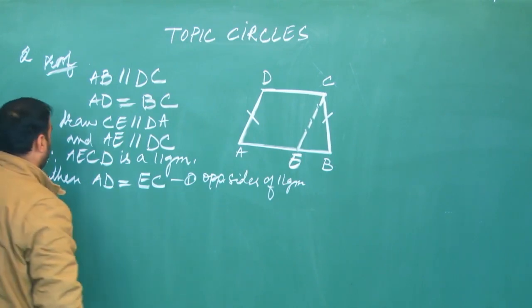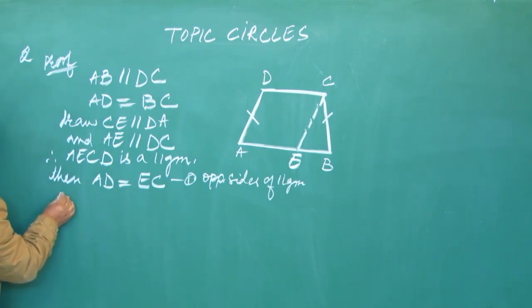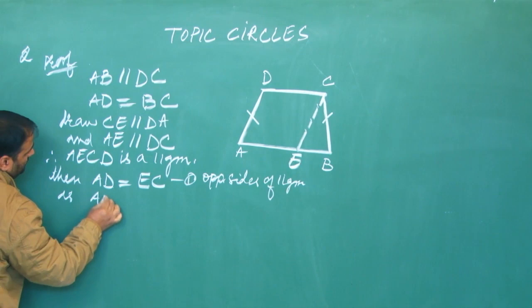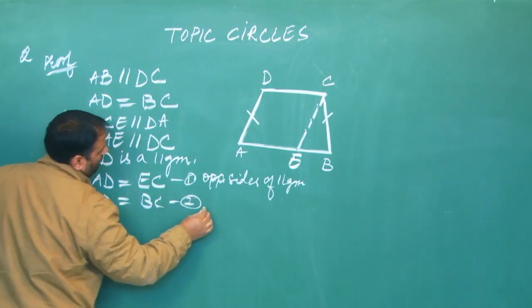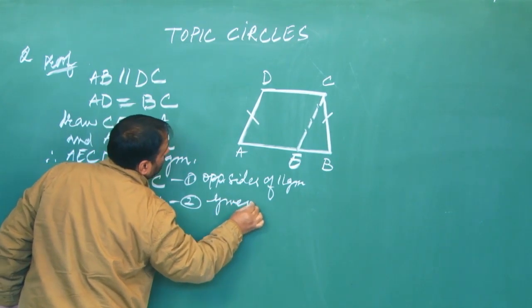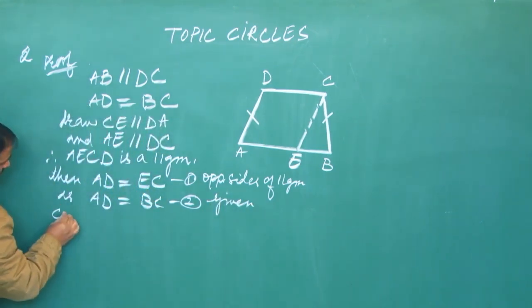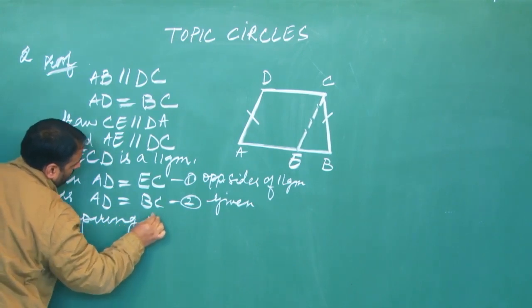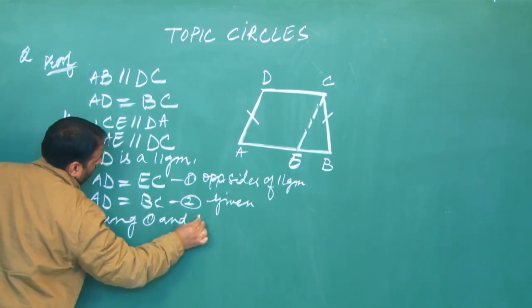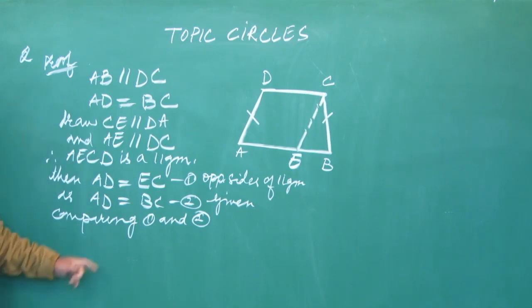And already AD is equal to BC. This is given. So by comparing these two equations, comparing first and second, we get that EC is equal to BC.